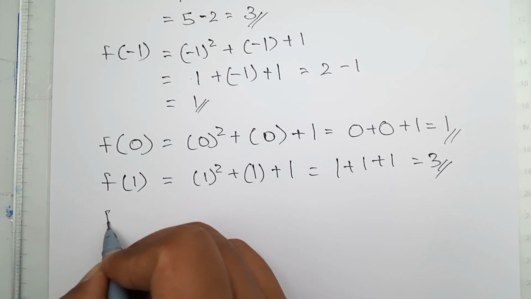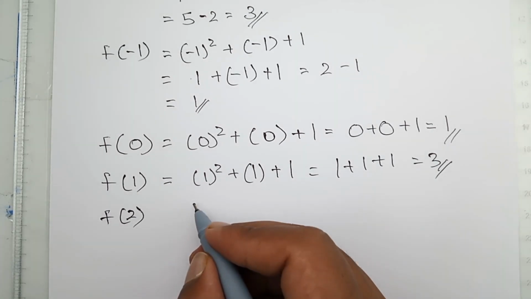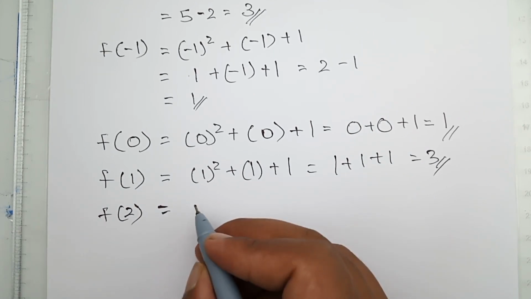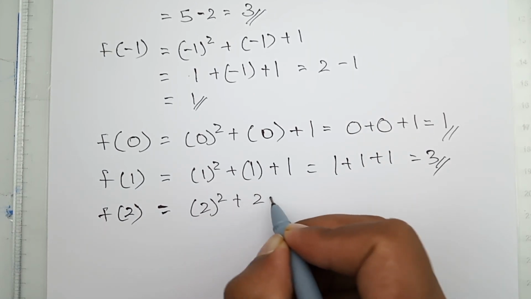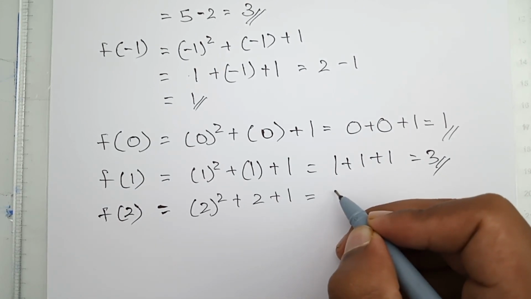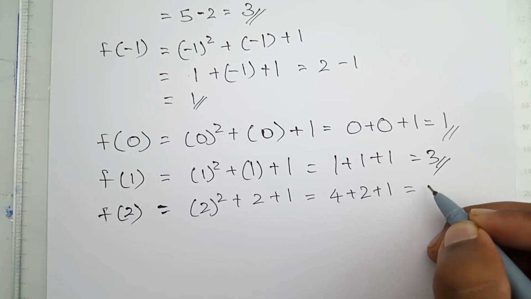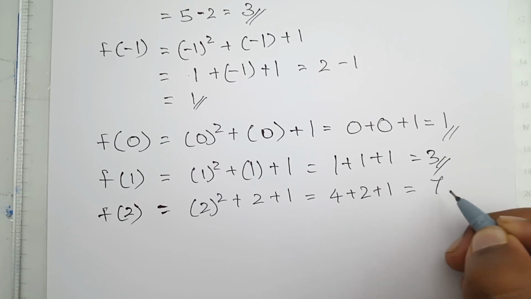Now f of 2 is the last element in set A. So f of 2 is 2 square plus 2 plus 1. Now the answer should be 4 plus 2 is 6, 6 plus 1 is 7.